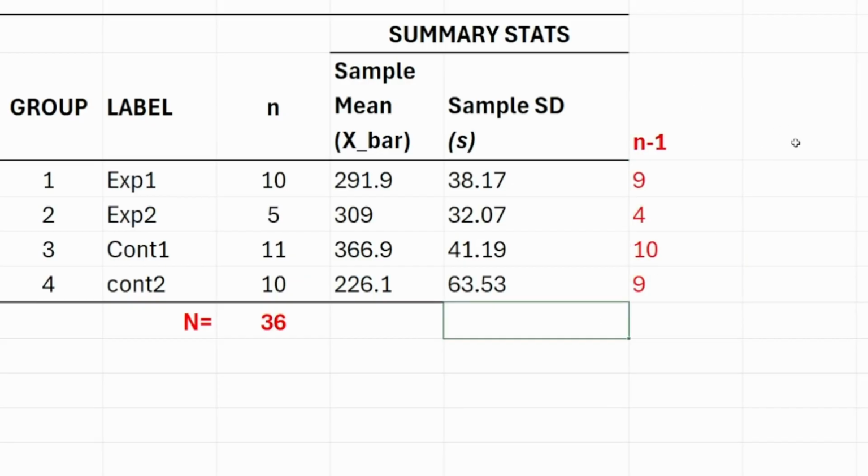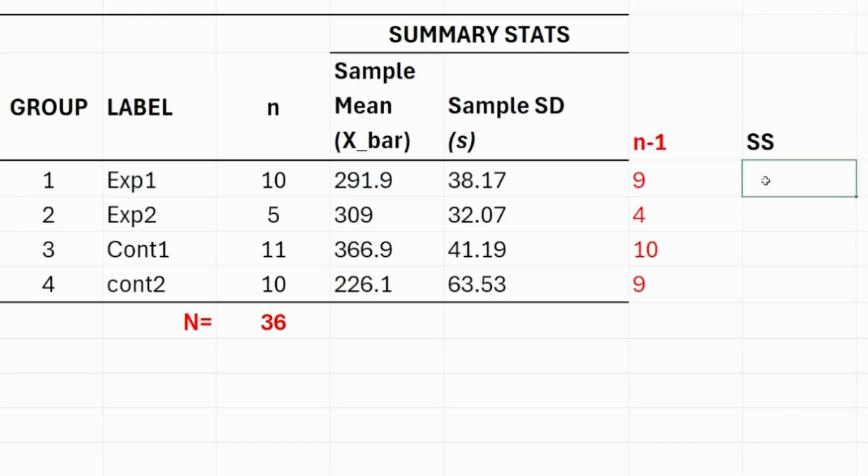The next thing we are going to do, now that we have the degrees of freedom from each group, n-1, is we're going to recover the original sums of squares. So I'll write SS for sums of squares. And let's do the first one. It's going to be n-1 times s squared, which would be 9, that's n-1, times this squared.